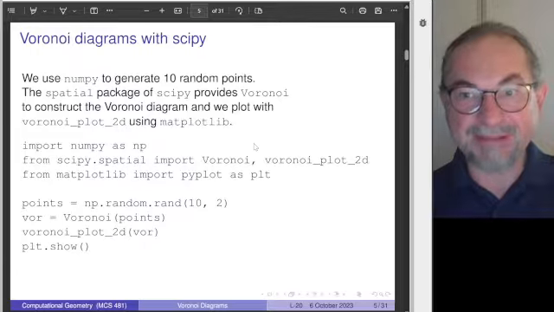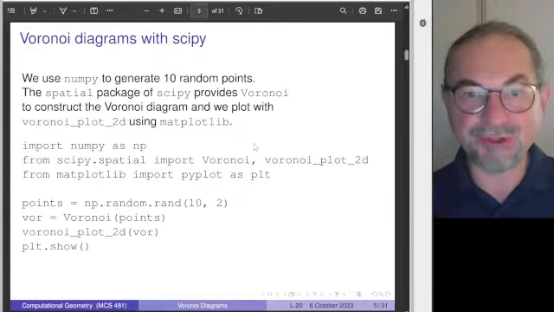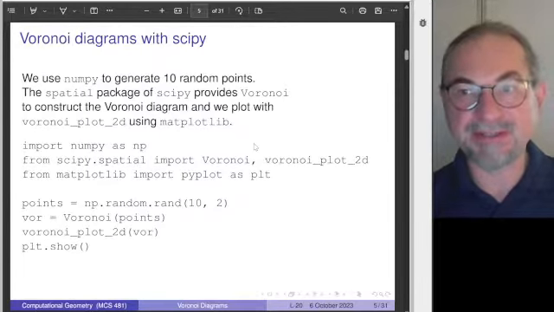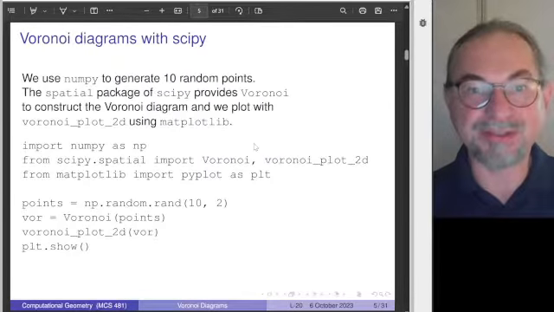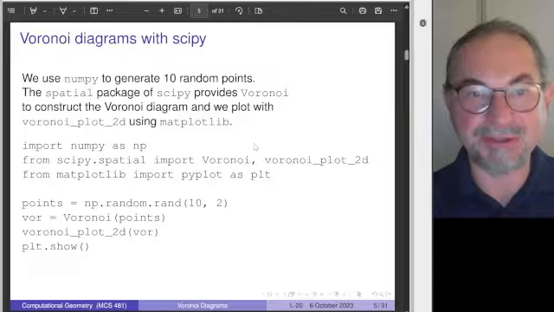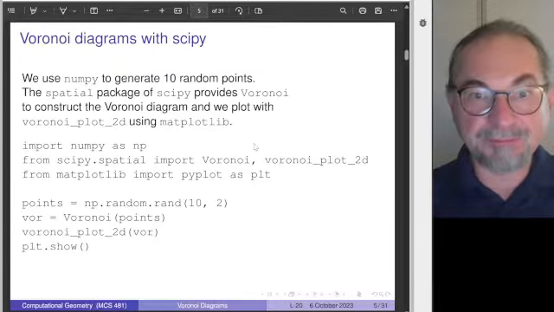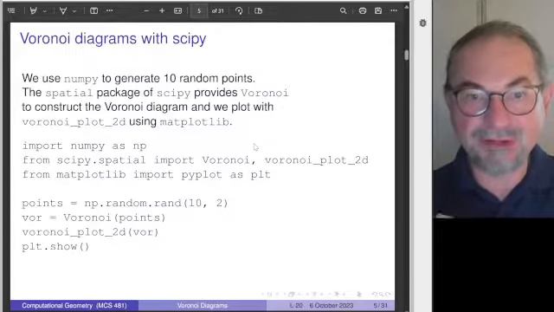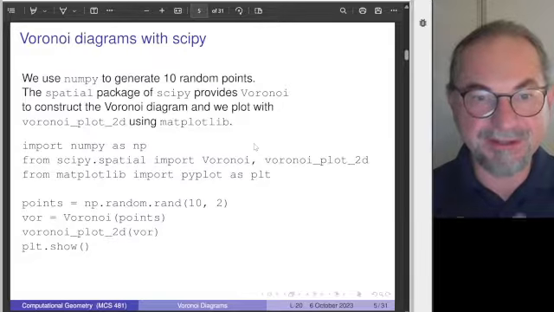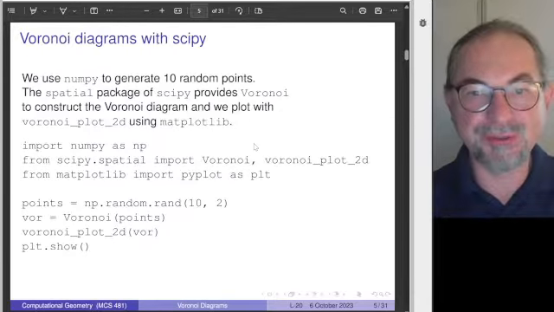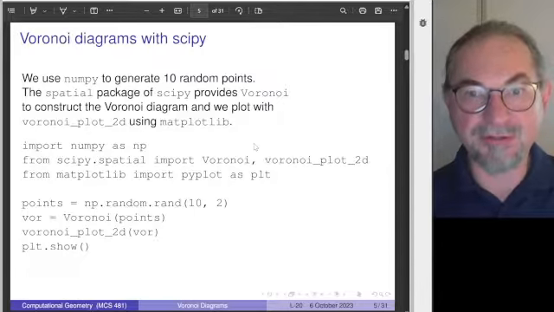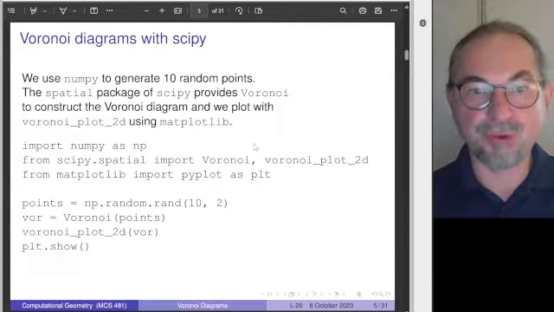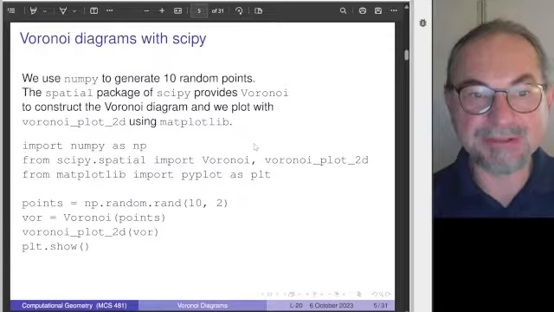This is a mathematical computer science course. So the practical computer science aspect is that we consider software. We have seen Seagull throughout this course, but here you see the code to compute and draw the Voronoi diagram for 10 random points.